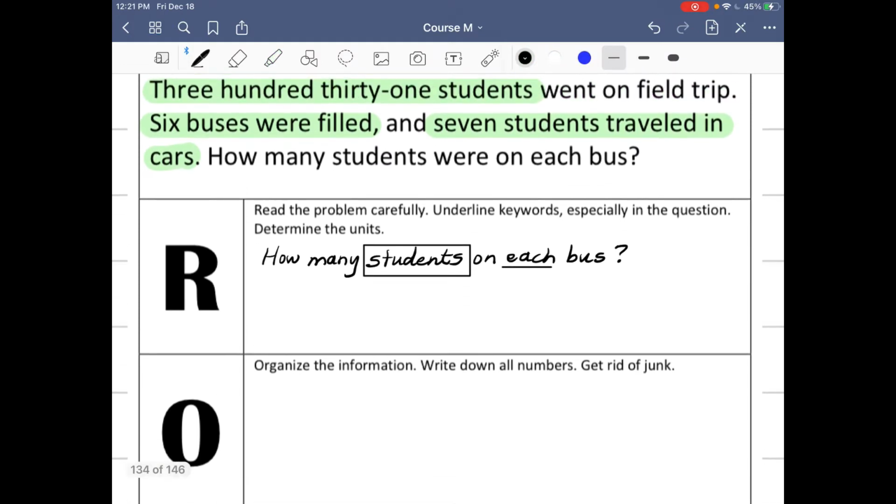So let's write out our information. We have 331 students. We have 6 buses filled. And we have 7 students who traveled in cars.